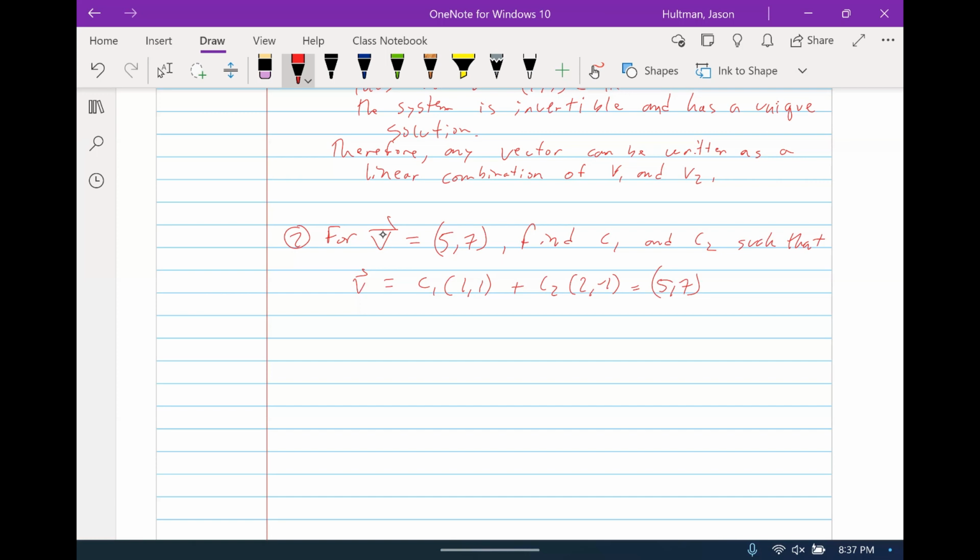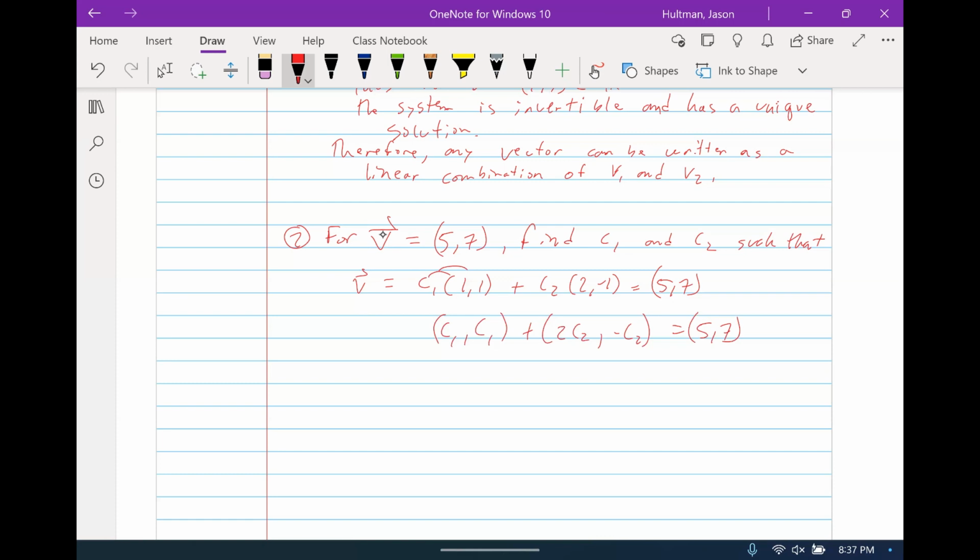What we want to do is create a system of equations here, and then solve that system of equations. So we have 1, 1 times C1, so that's going to be C1, C1 after I distribute, plus 2C2, comma negative C2, is equal to 5, 7.